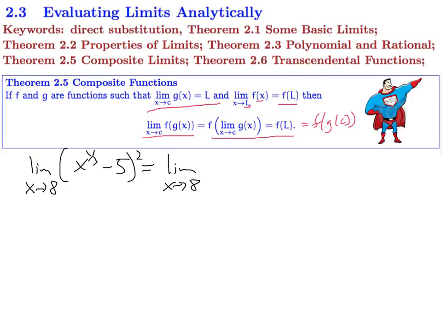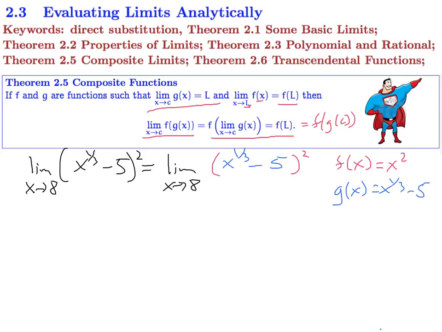We're going to have an outer function, which is squaring, and an inner function, x to the 1/3 minus 5. So in our theorem, f of x equals x squared, and g of x is equal to x to the 1/3 minus 5.